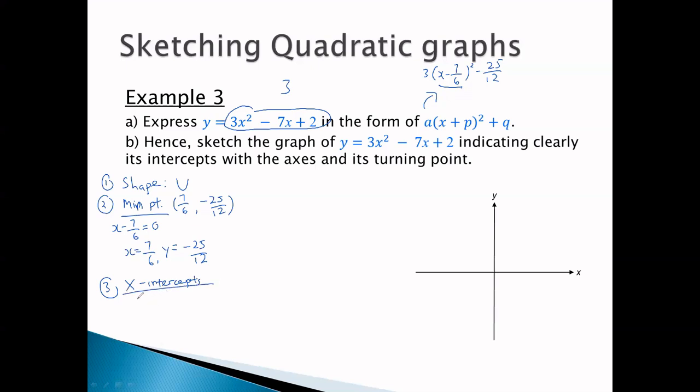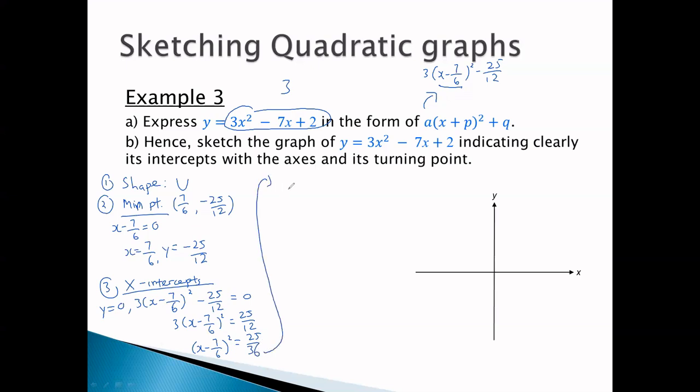Let's use our completed square. 3(x - 7/6)² - 25/12. You know that at the x intercepts, y is equal to 0, right? So this is equal to 0. 3(x - 7/6)² equals 25/12. (x - 7/6)², if I divide the 3 over, is 25/36.